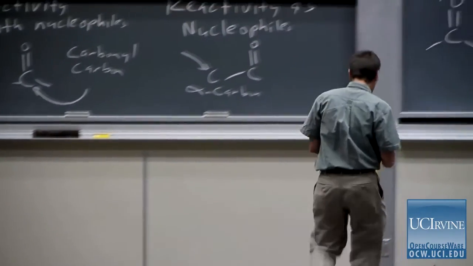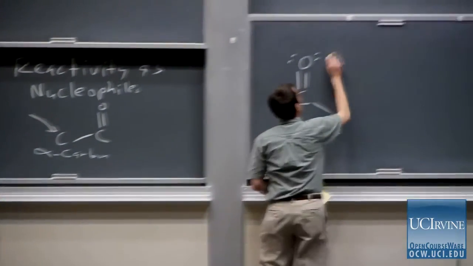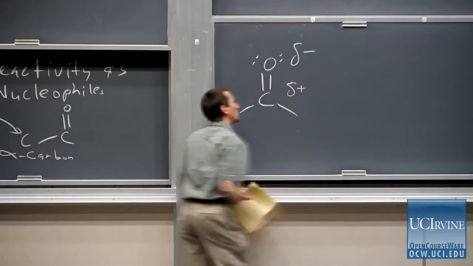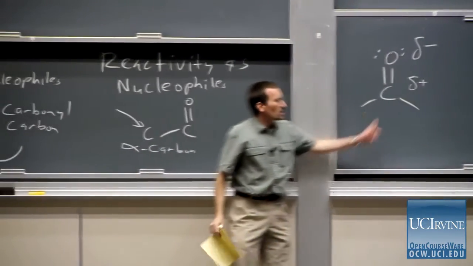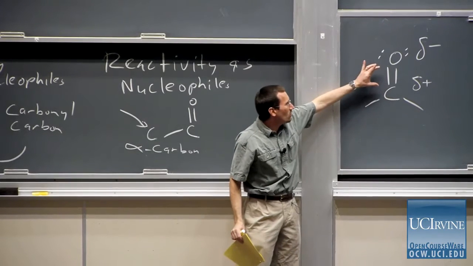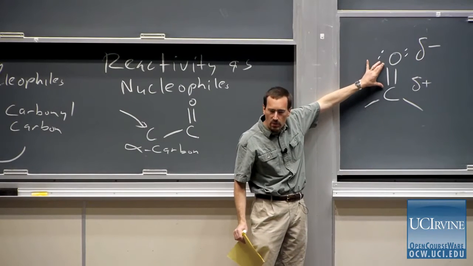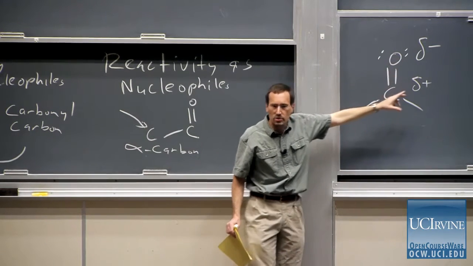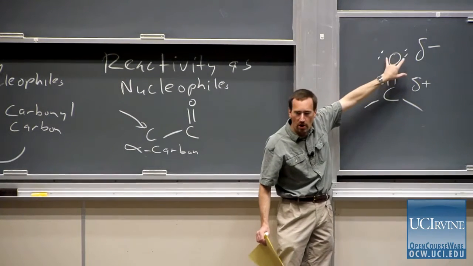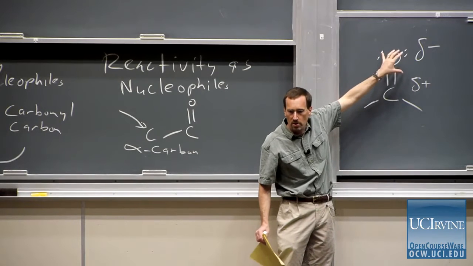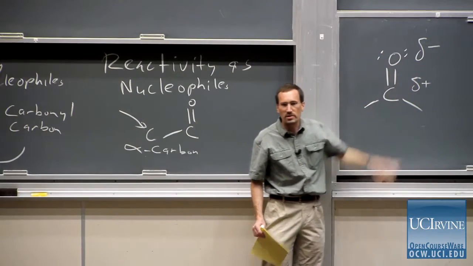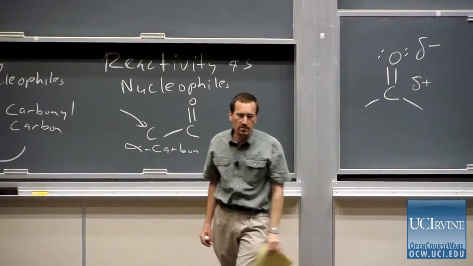And so I can represent that in terms of a partial negative charge and a partial positive charge. Since the electrons spend a little more time at oxygen, we shift our charge over to oxygen. There's a partial negative charge. Our carbon is a little bit deficient in charge. There's a partial positive charge.